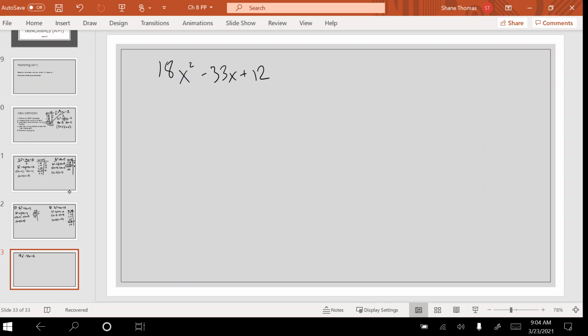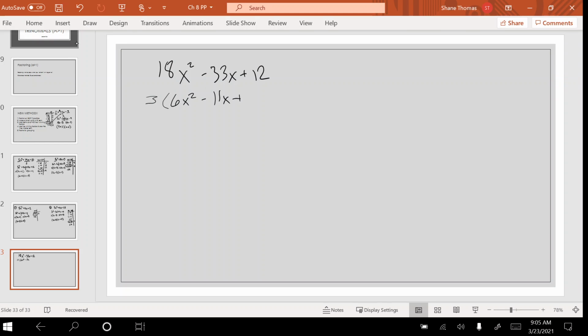All right. So GCF. Is there something I can factor out of all these? 3. I can take a 3 out. Okay? So I take a 3 out. What's that leave me with? 6x squared minus 11x plus 4.